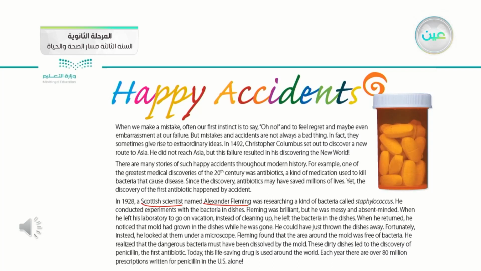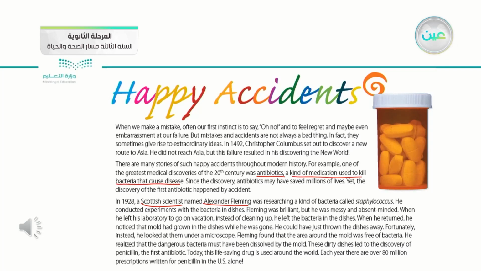We will talk now about the stories and some of the new words in these stories. For example, we started by talking about the word accidents, and now we will talk about the word antibiotics. Antibiotics is defined as a kind of medication used to kill bacteria that cause disease.